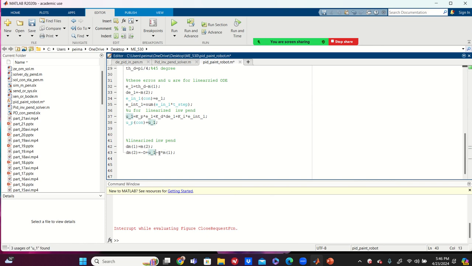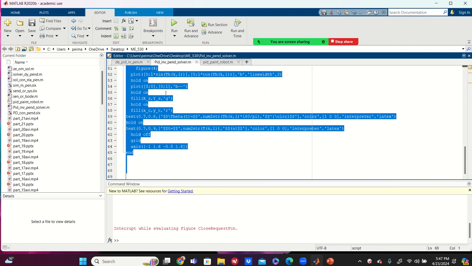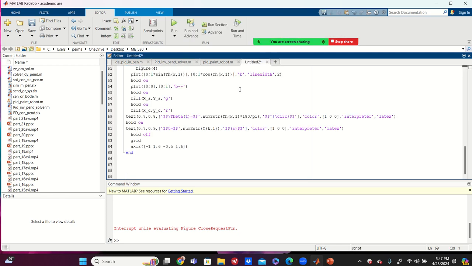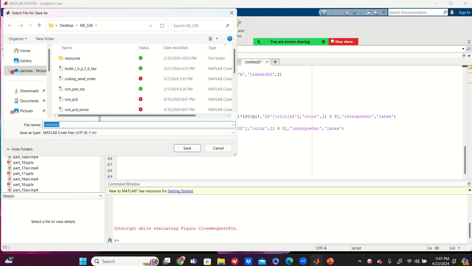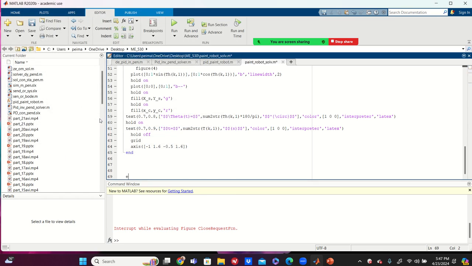So this is in between the inverted pendulum as robot and the regular pendulum as robot, but with the base moving. Also I'm going to copy and paste here and save it as paint robot solver.